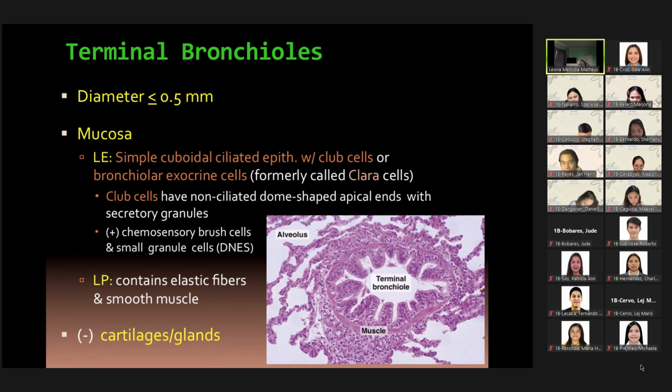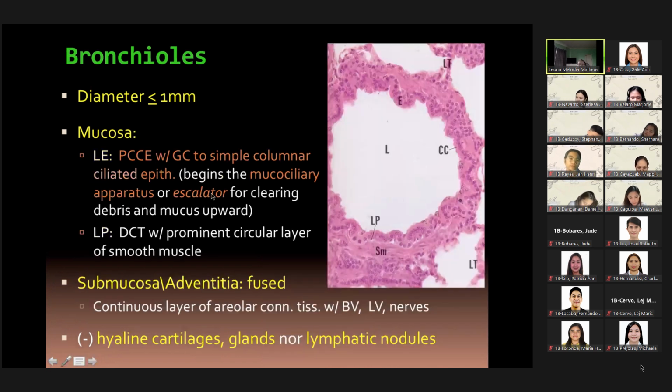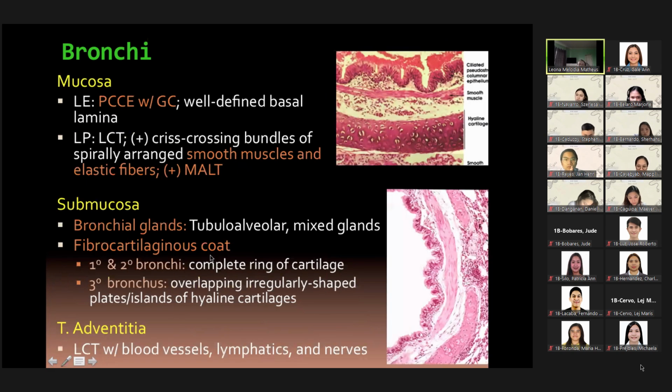Don't forget, I said we consider pseudostratified columnar ciliated epithelium with goblet cells simply for the bronchus. Simply consider the simple columnar ciliated epithelium for the bronchiole. We just consider PCCE in the bronchus. Are we clear on that?